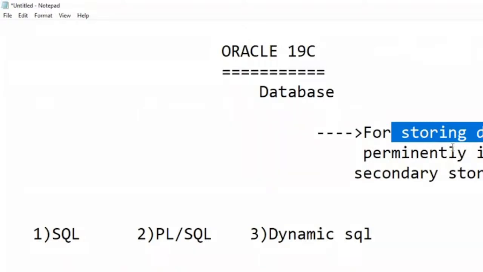Not only storing data, so many things are there. Databases are not only for storing data, but efficient retrieval of data is also important. Suppose, for example, observe the screen.